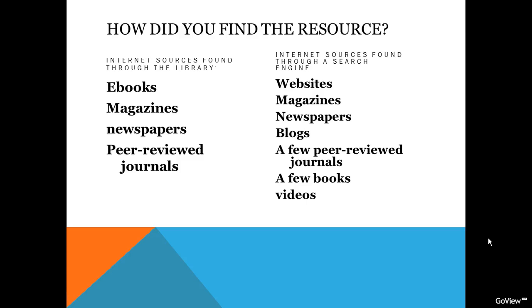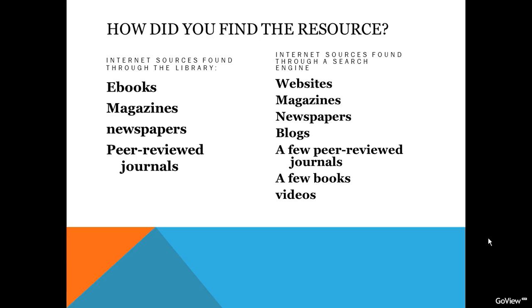Websites, blogs. Usually, Google is not going to find any peer-reviewed journals or scholarly books. Occasionally, you can come across a few on certain topics, so it isn't impossible, but usually you will need to use the library to find your scholarly sources.